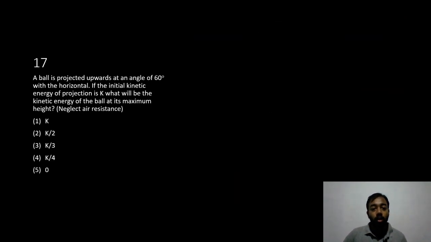Question number 17. A ball is projected upwards at an angle of 60 degrees with the horizontal. If the initial kinetic energy of projection is K, what will be the kinetic energy of the ball at its maximum height? Neglect air resistance. So this is with regard to a projectile.